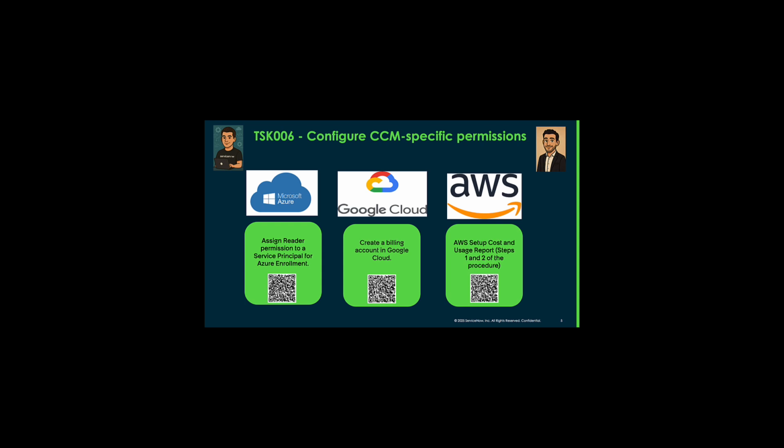So there are specific permissions in each of the cloud providers that need to be set in order for CCM to be running. Now, I'm not going to go through each individual step here. However, Brian will be walking through the individual steps in the demo shortly.